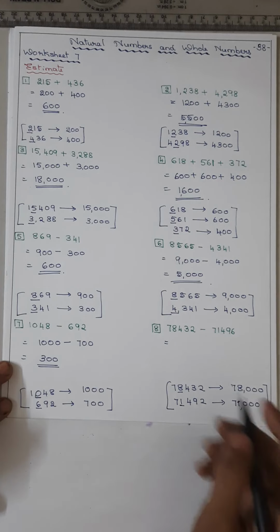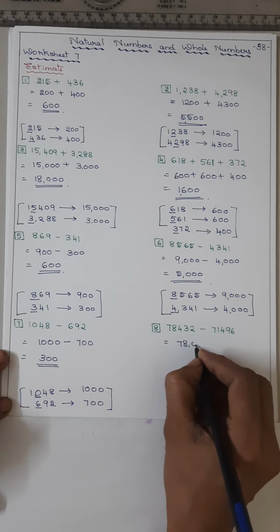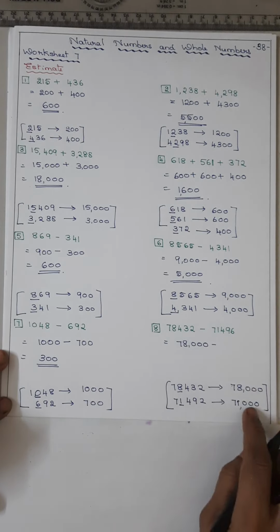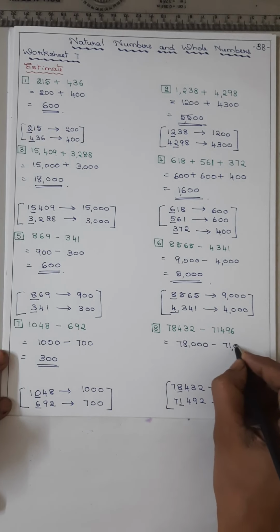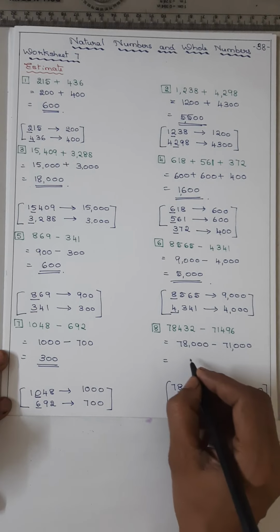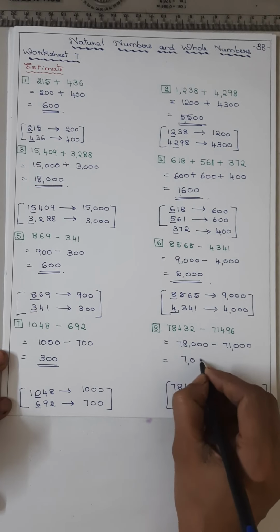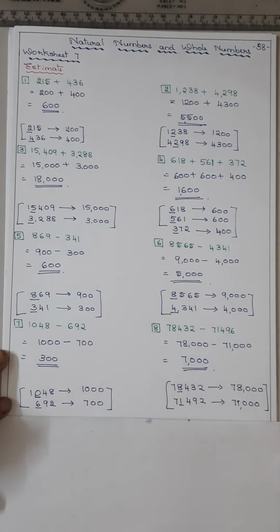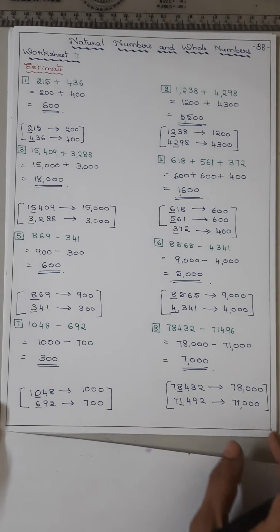So first number is 78,000 minus 71,000. You got the answer: 78 minus 71 is 7,000. Clear?